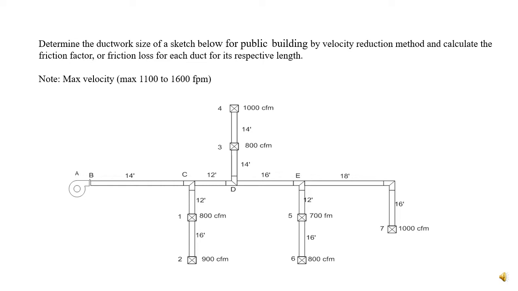Alright, so actually you can choose any velocity. For example, from B to C the velocity that you choose is 1,400, and then from C to D, like the previous slide, a couple of hundreds lower, but not less than 800.